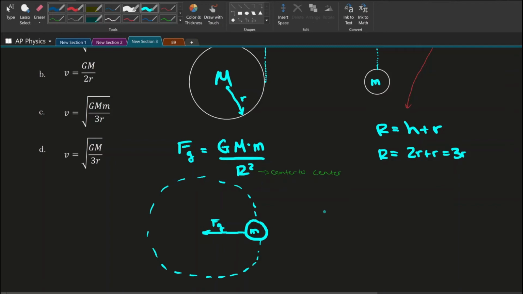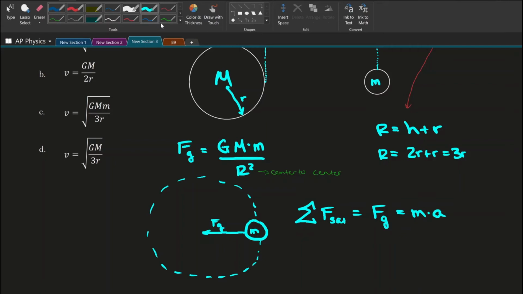So if we do a sum of forces on the satellite, that equals the force of gravity, and that equals mass times acceleration. Now previously, we said that the force of gravity is equal to the gravitational constant times one mass times the other mass divided by the distance between the centers of the masses squared. So I'm going to substitute this F_g in down here.